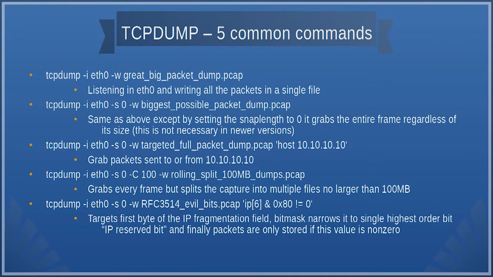For example, if I want to listen on eth0 and write all the packets to a single file, then I give the command tcpdump -i, that is the interface, and then -w tells you what file I need to write.